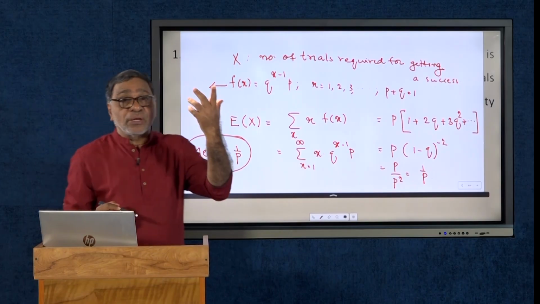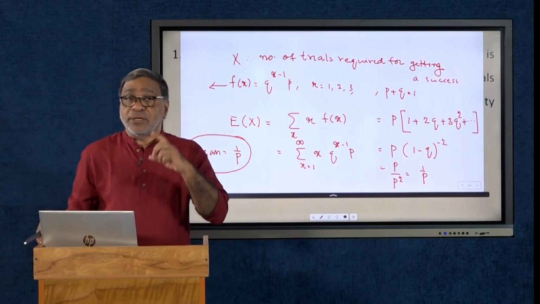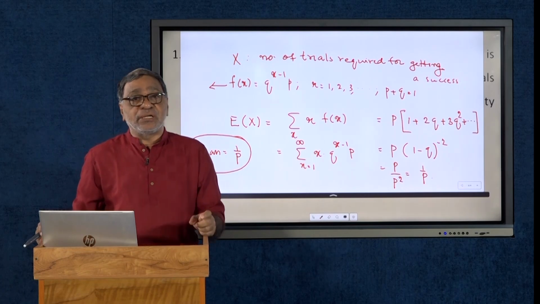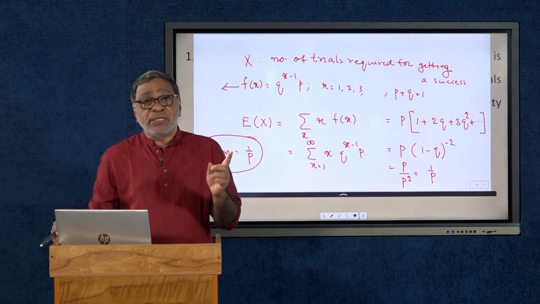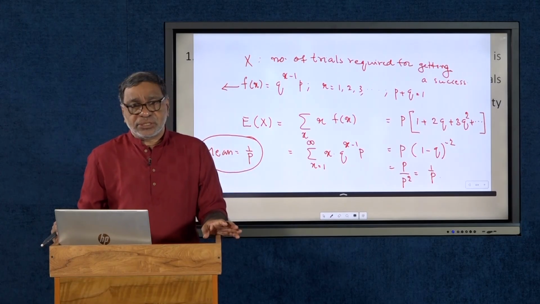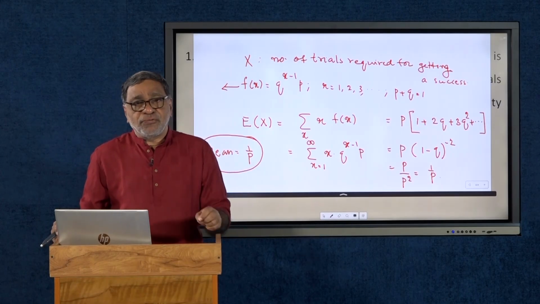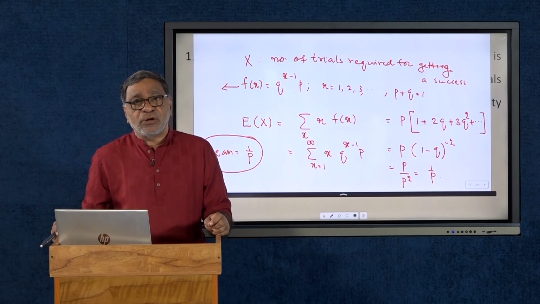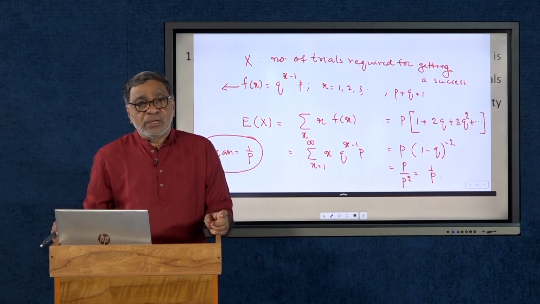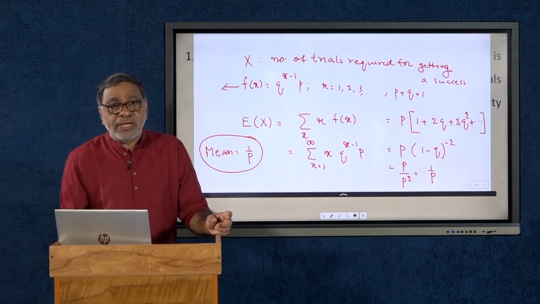But in the case of the geometric distribution defined in another way, that is the number of failures preceding the first success, our mean is equal to q divided by p, that we established in that session. But if we define x as the number of trials required for getting a success, the mean is equal to 1 by p. And how do you find the variance?